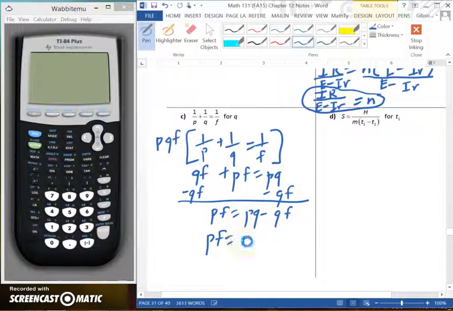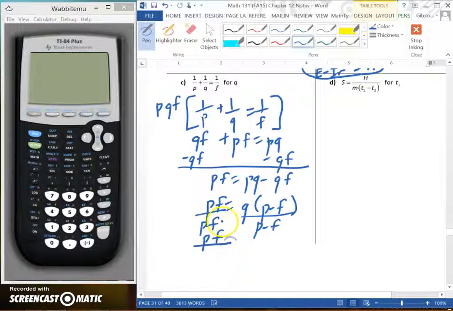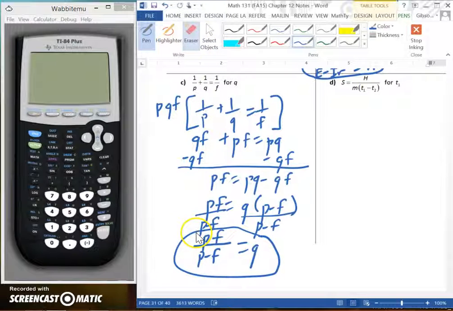We can factor out a Q. And we'll have P minus F. Now we'll divide each side by P minus F. And we'll have P times F over P minus F is equal to Q. Now one thing, I didn't make this clear right here, so I'm going to erase it and make sure that you know that this was P minus F. And that is the final answer for C.